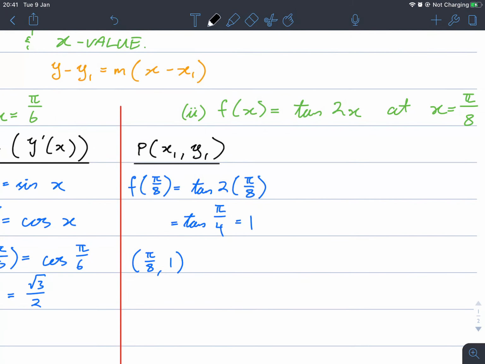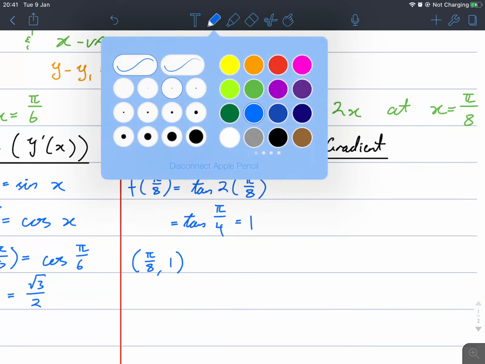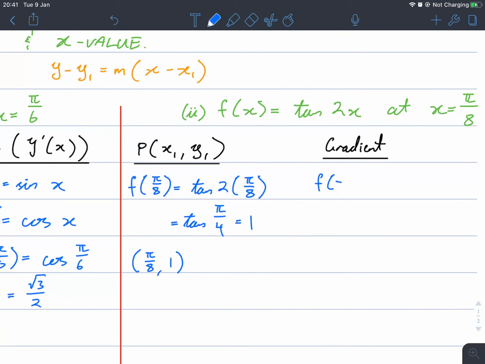Let's find my gradient. And for this, we need the first derivative. Here's my function, f of x equals tan 2x, and f prime is equal to 2 sec squared of 2x.